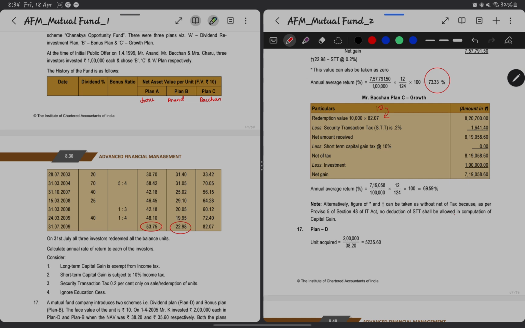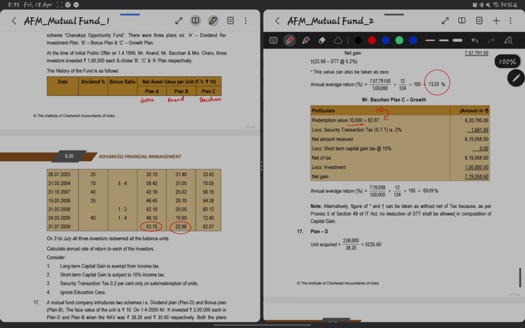So this gain only we will be taking, that's it. So 10,000 is the number of units we invested, multiplied by the NAV on the date of sale, 82.07, gives us 8,20,700, minus the STT 0.2% will get reduced.